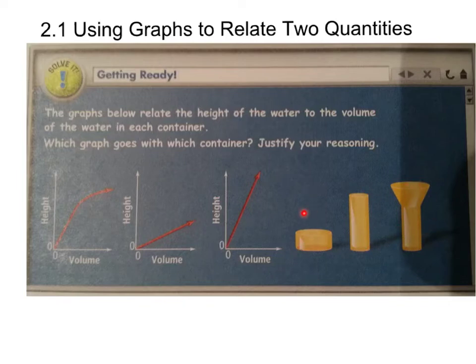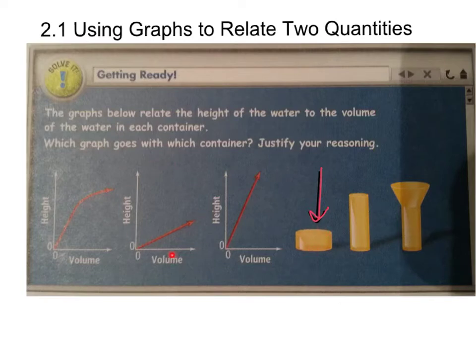If we would fill this first one up, this one right here, let me use my red. So we're looking at that one. If we're filling that up, what can you tell me about what's happening? Now we're relating the volume. We want to know, as the water goes in, how does that relate to the height? Well, we know it's going to be constant because the shape of the container does not change.